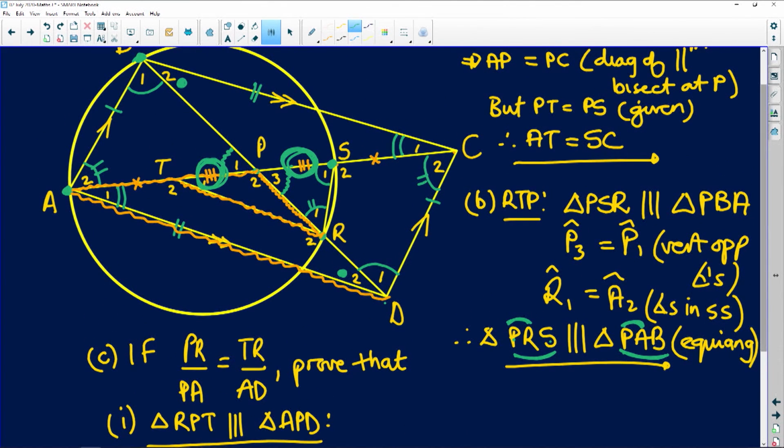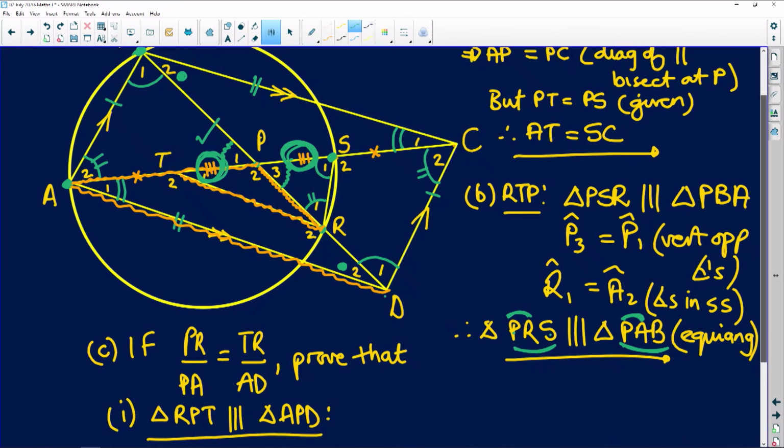But now I know the following. I know that PS here is equal to PT. That's the first thing. And that PB here is equal to PD in the bigger triangle. Those are the diagonals that are bisected. So it makes perfect sense to have used PB in this case instead of the shorter side.